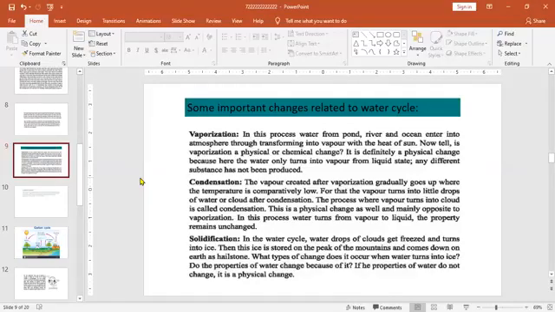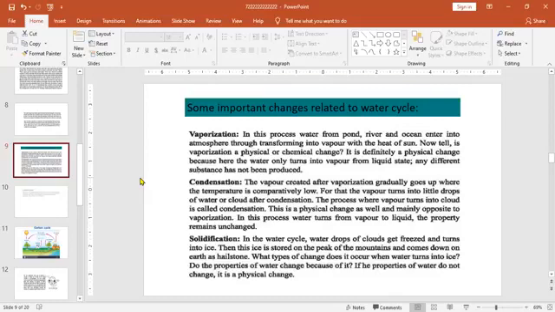Gaseous substance converted to liquid is called condensation, and vaporization is a liquid substance converted to gaseous. This is vaporization, and gaseous substance converted to liquid is condensation.